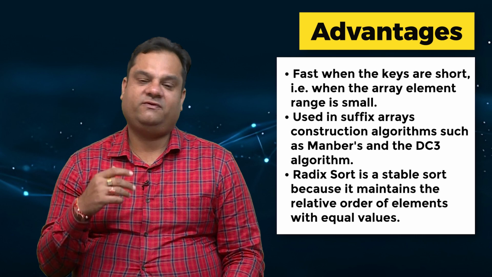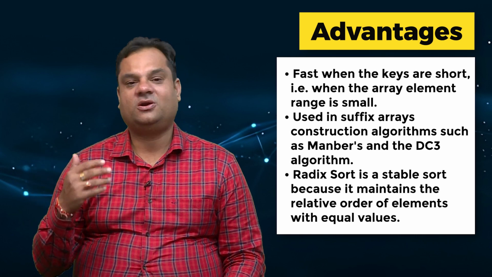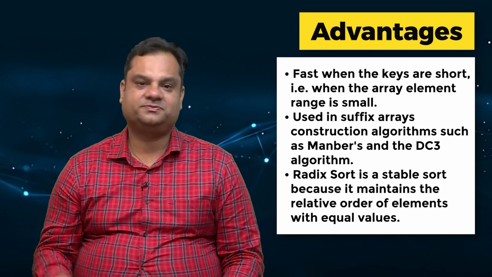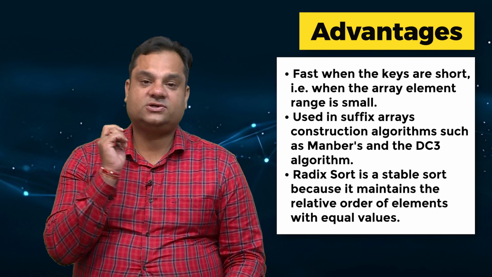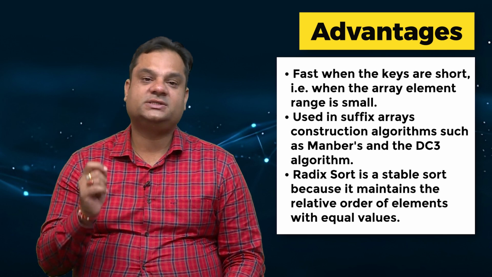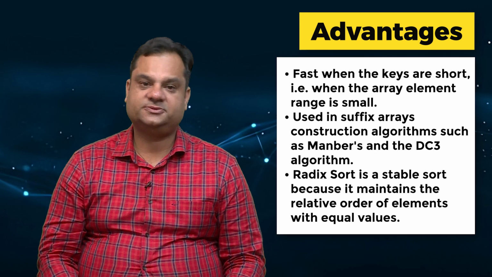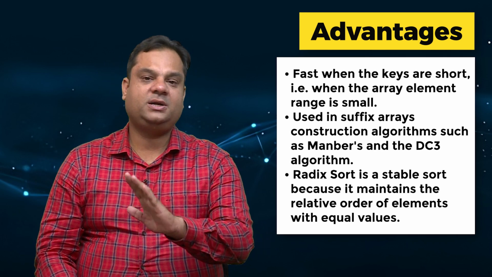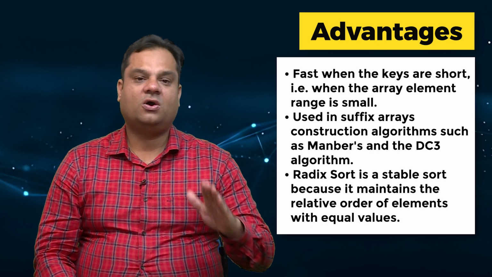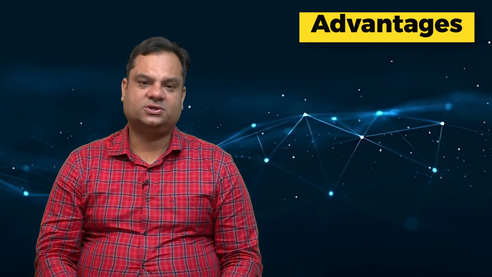If the data elements are very big, then applying Radix sort takes a lot of time and calculation. It is used in suffix array construction algorithms such as Manber's and the DC3 algorithm. Radix sort is a stable sort because it maintains the relative order of elements with equal values. These are the advantages of Radix sort.